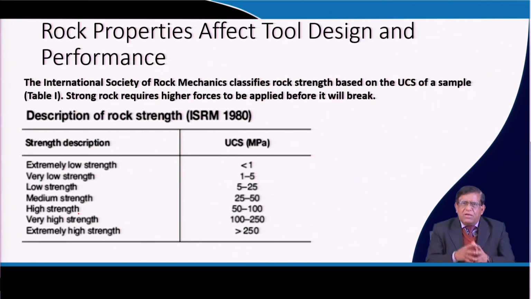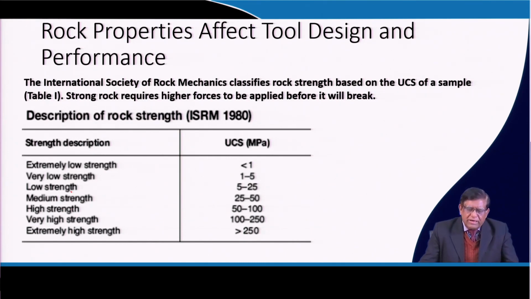So, when you are designing a machine, or designing the cutting, that is your interacting tool, you will have to consider that the material selection has to be proper, otherwise the breaking strength of that tool material should also be higher. So, you will have to see which way the rock is behaving.